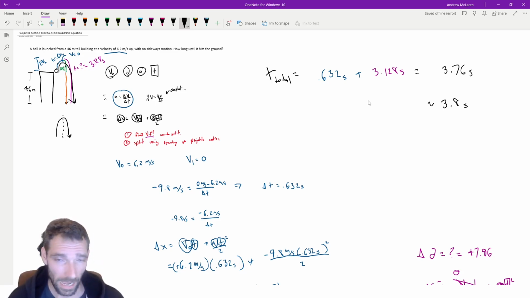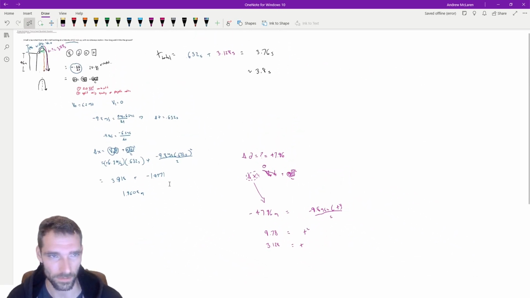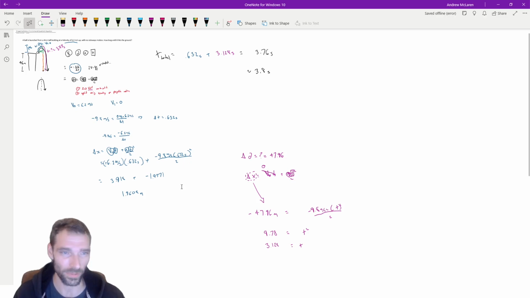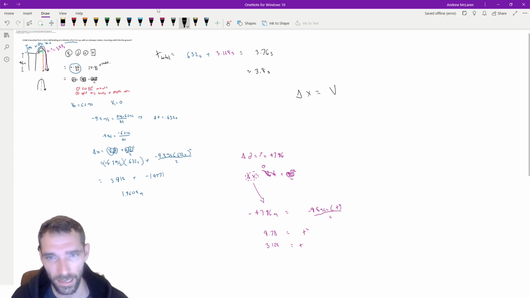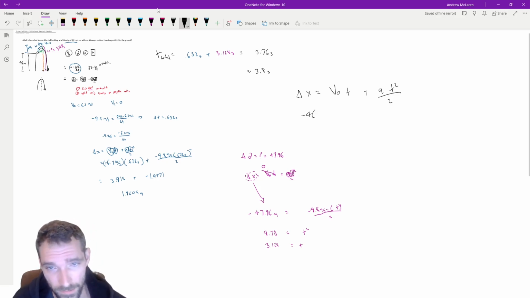And that is how I would recommend to do this as a human. You can now actually plug that in and see if that is correct with something. You could do the quadratic problem and do that. Or what you could do is say, okay, if I have a change in x and that v naught and that time, does that actually solve this equation? So you can go ahead and plug these numbers in, knowing that it fell 46 meters.